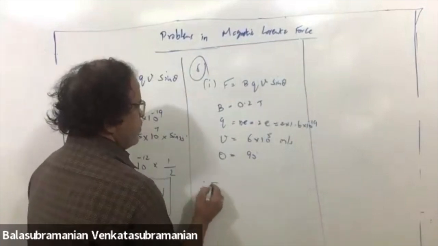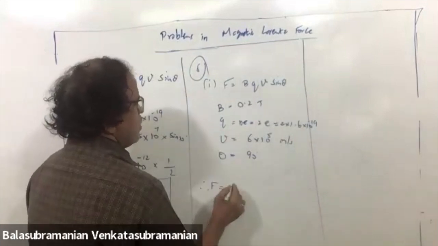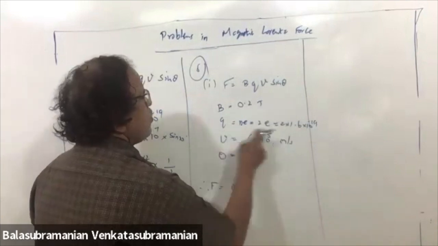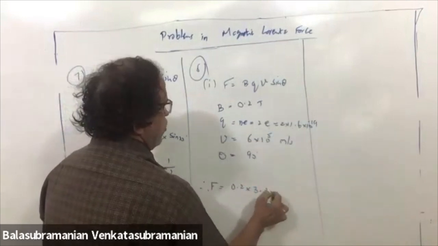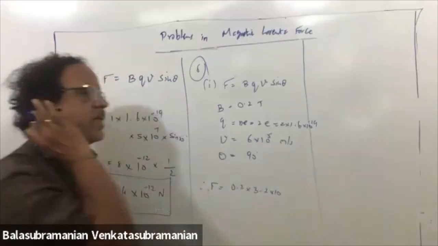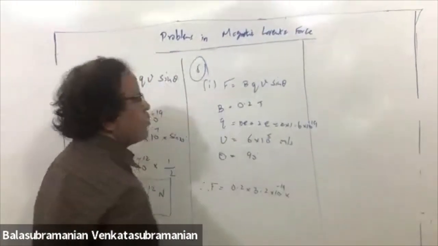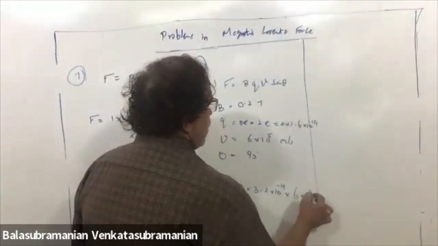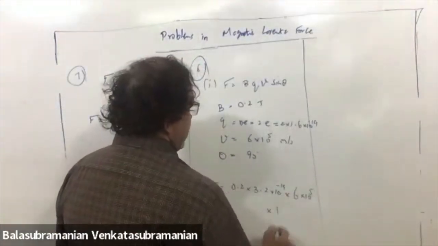So F is equal to 0.2 into Q, 3.2 into 10 power minus 19, into velocity 6 into 10 power 5, sin theta is 1.